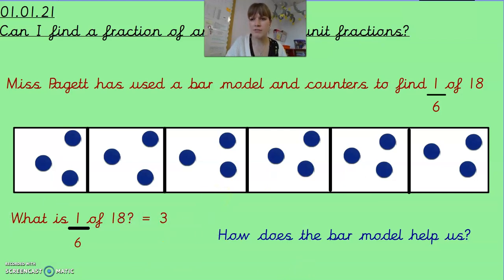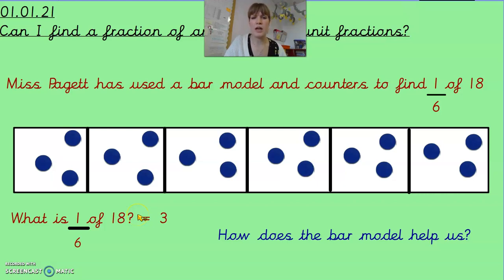The reason for that is because Miss Paget has made a bar model, and she has divided it into 6 equal pieces, because that's what my denominator is telling me. The groups I need, 6 groups. And then I have 18 counters and I need to share those 18 counters equally into 6 groups. So I've done that, and in one group, it's just 3.